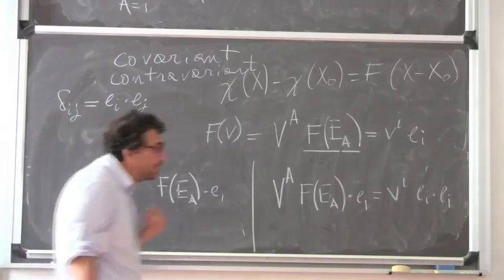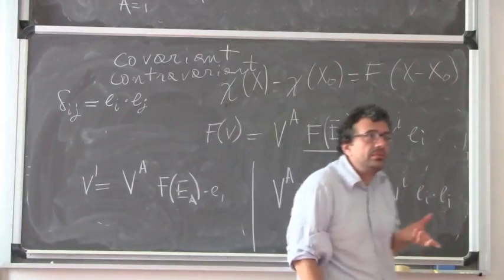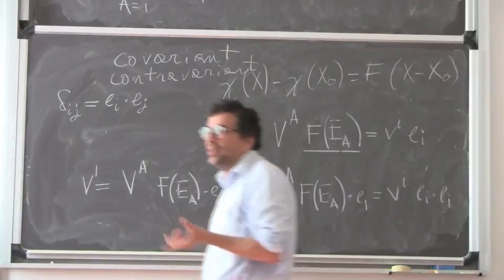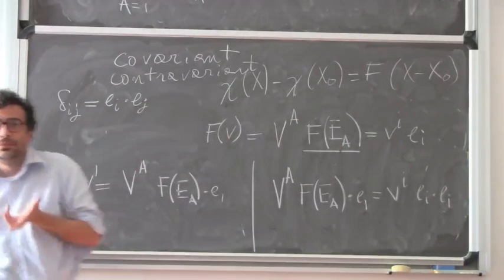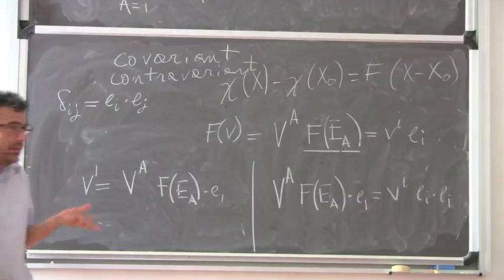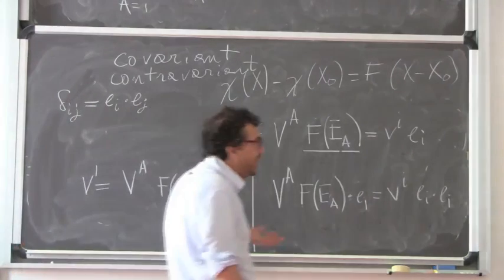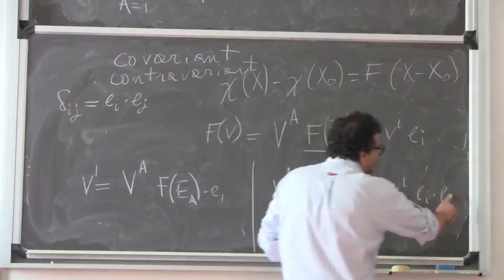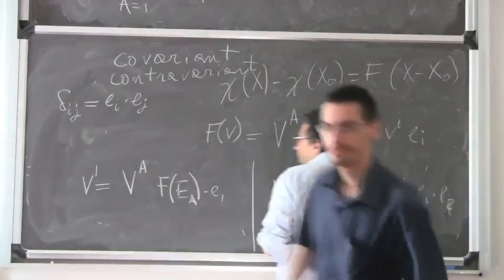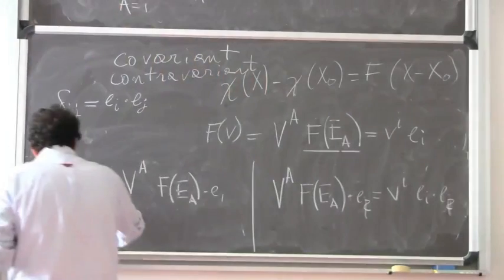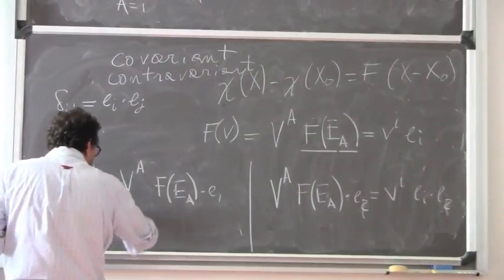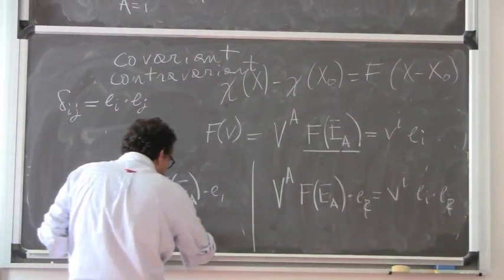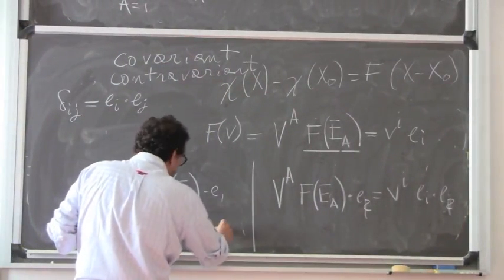Then, what is different if you do it for 2? Nothing different. So here you write E2, and you get V2 equal to V^A F(E_A) dot E2.